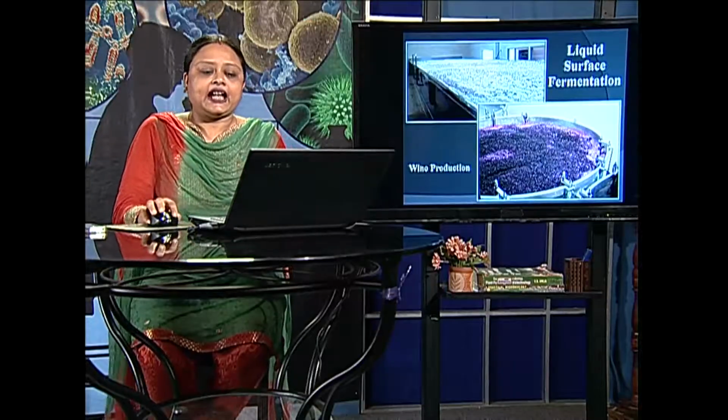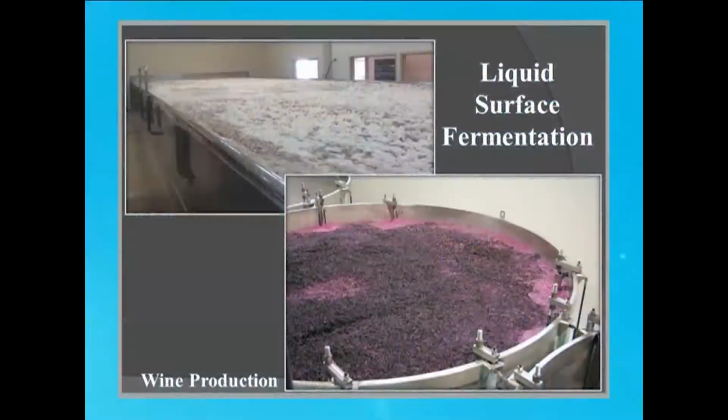We will see in case of wine production, if we allow more surface area, and mostly they are carried out in open tanks at times, they will give us a very good product. Aeration will be good on the top when they are initially growing, while yeasts will be growing at the bottom definitely to give us the product. Mixing is not required and the liquid can just be left static.